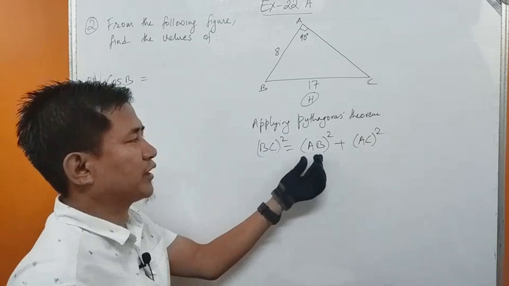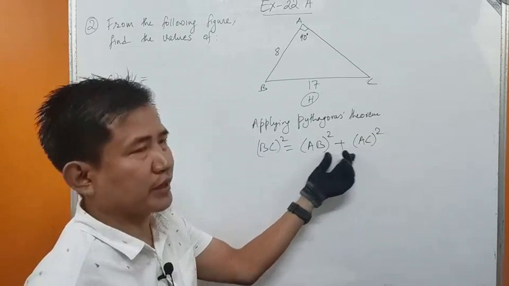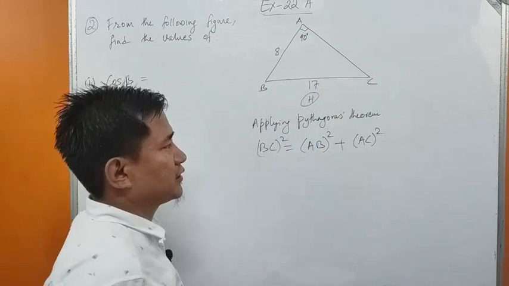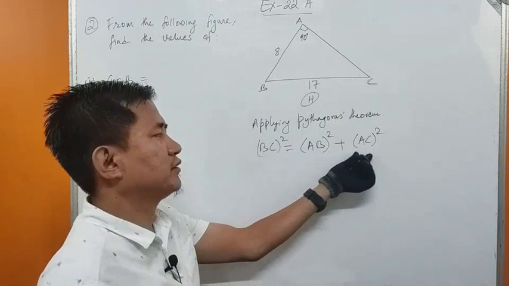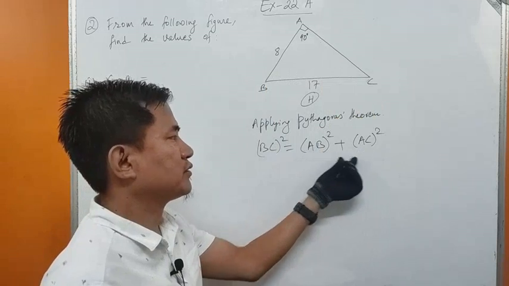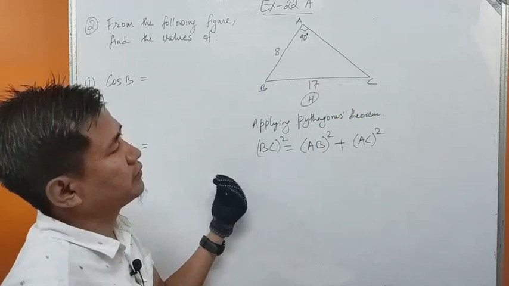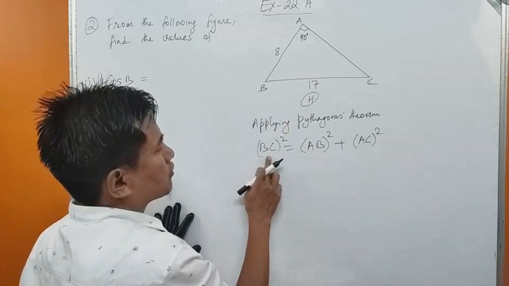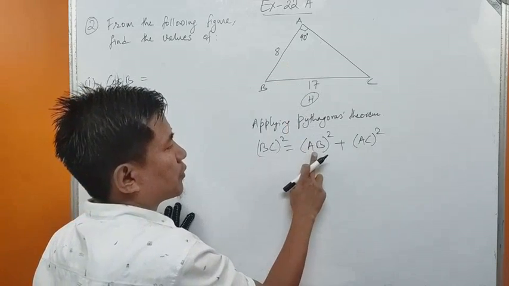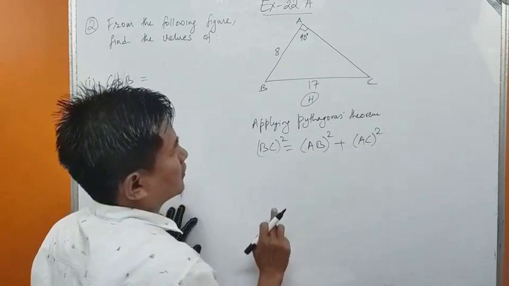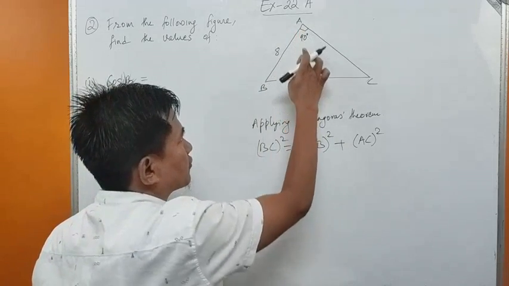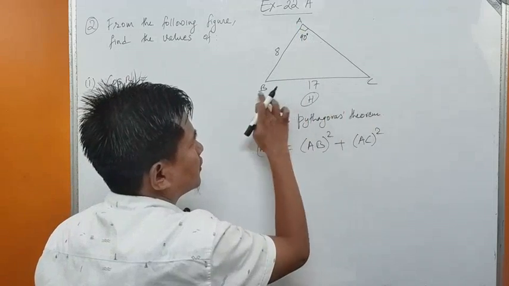Now you can choose any one as perpendicular and base, because we are not talking about a definite angle, isn't it? Whichever way you choose is correct. BC square means hypotenuse square equals perpendicular square plus base square, because BC is the hypotenuse here, opposite to 90 degrees.